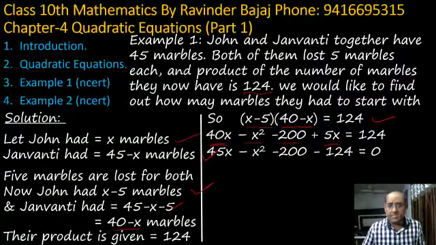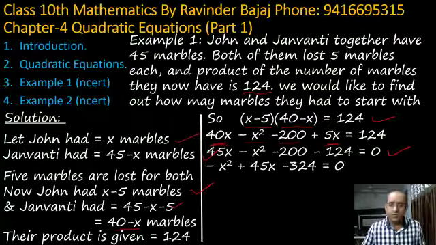40x plus 5x will become 45x, minus x square, minus 200, and 124 is coming to this side, so it will become minus 124 is equal to 0. Now minus x square plus 45x, minus 200 minus 124, it is minus 324. This is the quadratic equation, and we can take minus common.